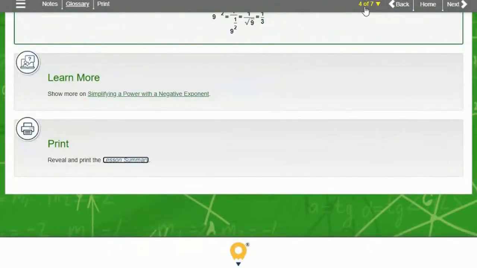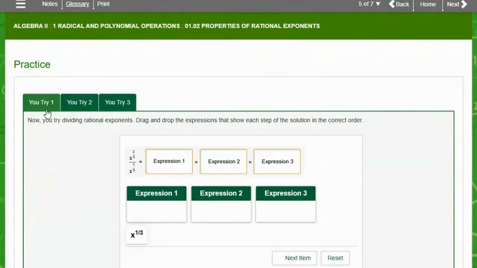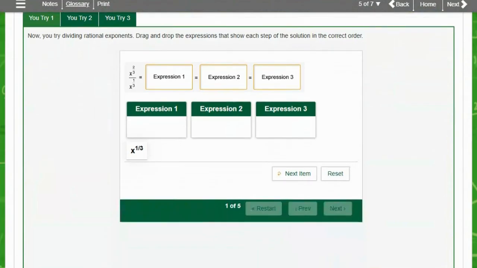All right, we have a couple more pages, which means they gave us practice problems. Now you try dividing rational exponents. Drag and drop the expressions to show each step of the solution in correct order. So let's work this out first, so we know the correct order.